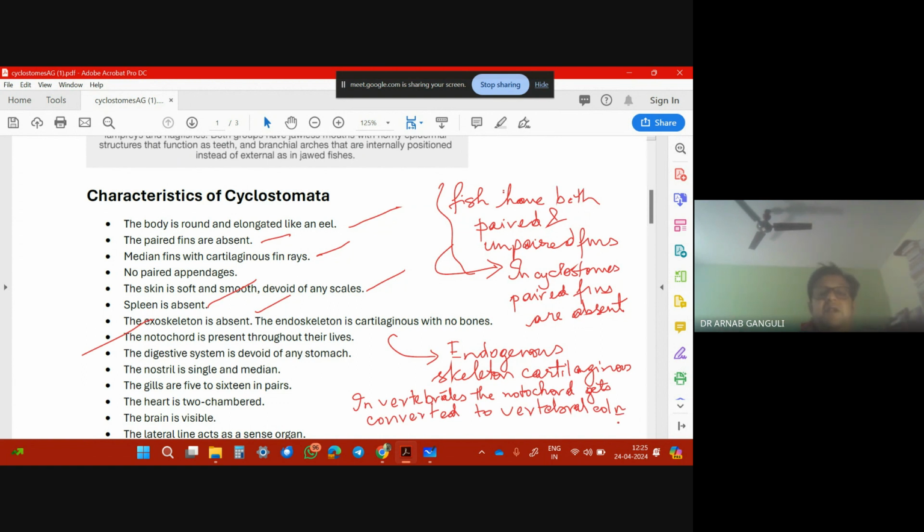But here it remains at the notochord stage, and over it something like a vertebral column comes. You can call it a cartilaginous vertebra. The digestive system does not have any stomach. This is a very primitive character.